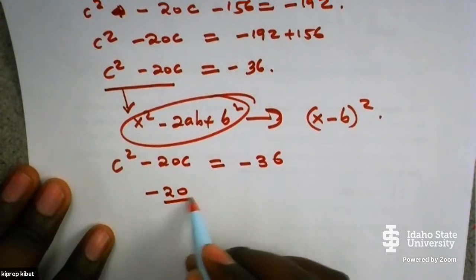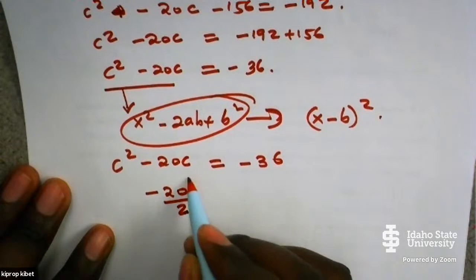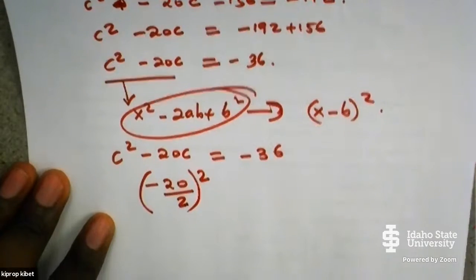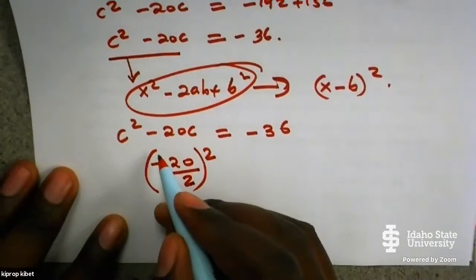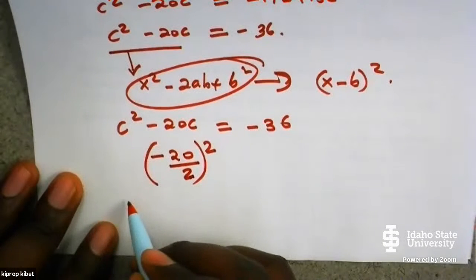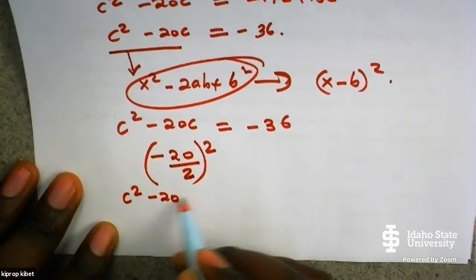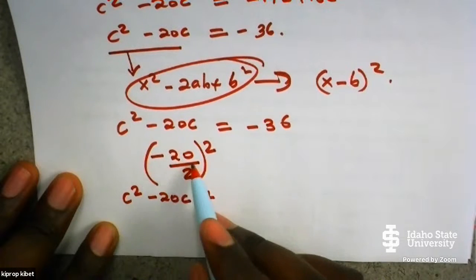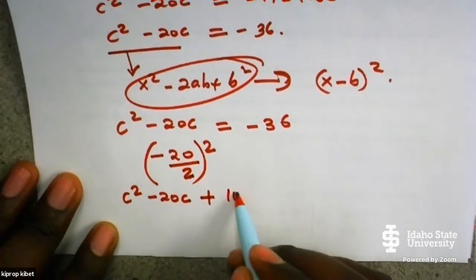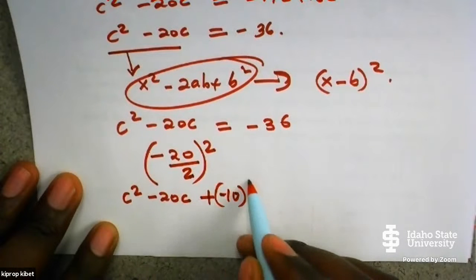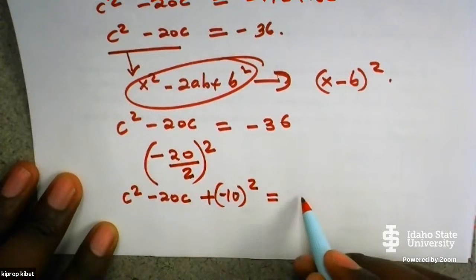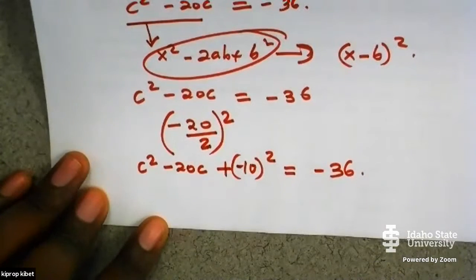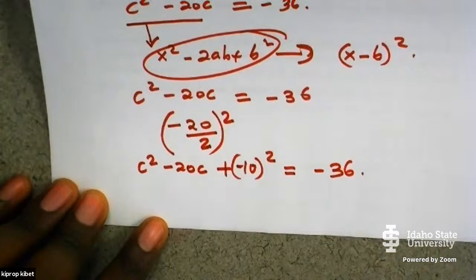And then what do you do? You divide by half, and then you square, and then you add. So c square minus 20c plus 100 is c minus 10, squared, equals minus 36.